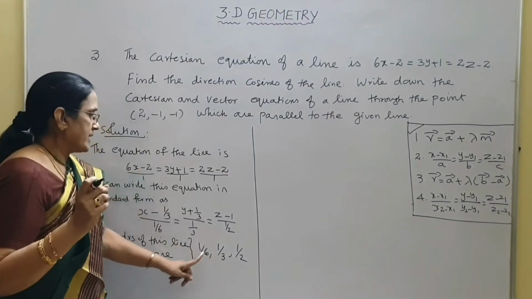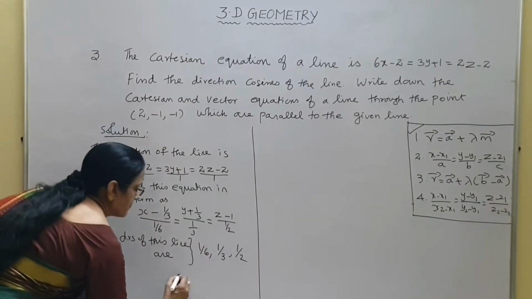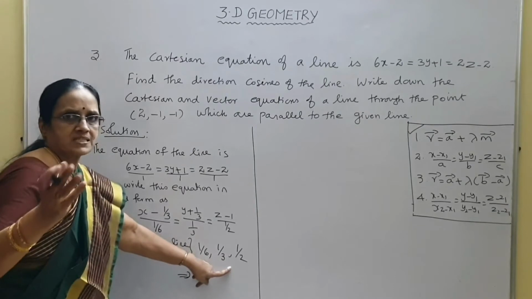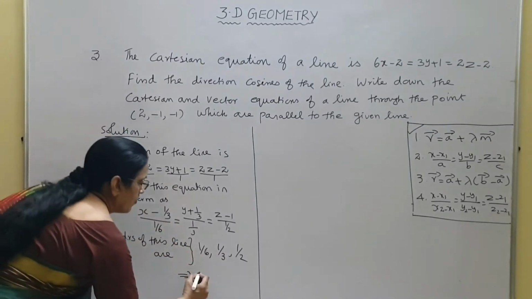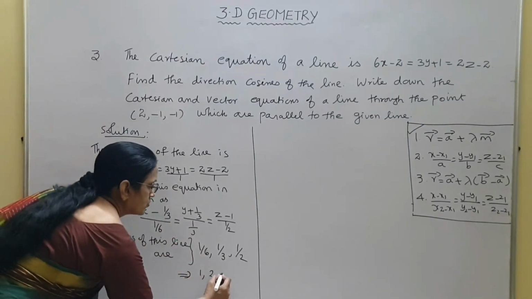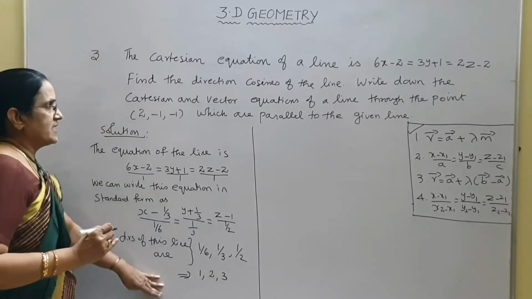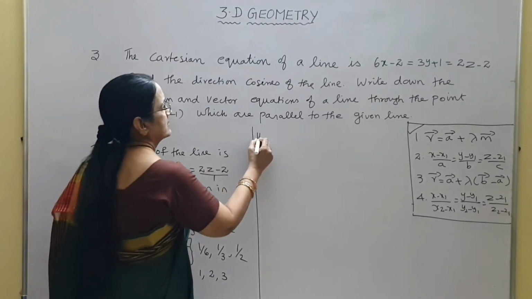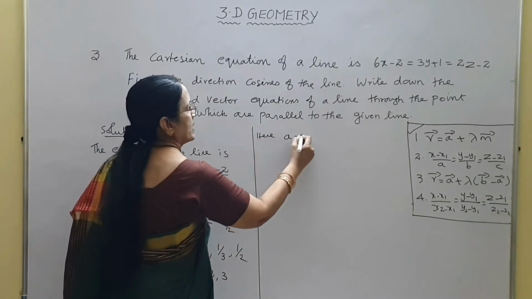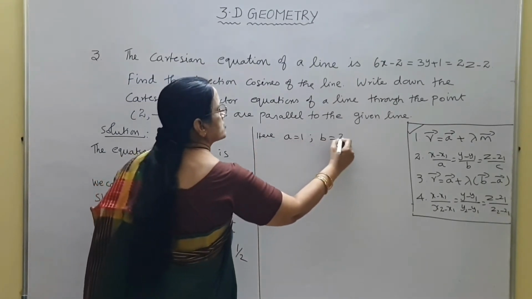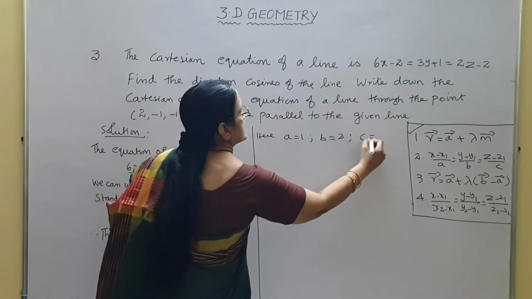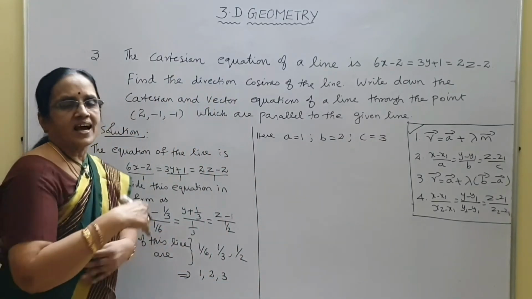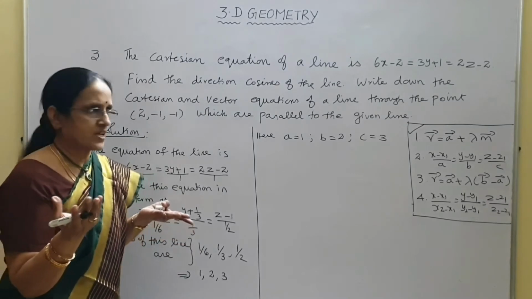So I can multiply each of them by 6 and I will be getting 1, 2, 3. So these are the DRs of this line. Or in other words, here a is 1, b is 2 and c is 3. Now that I know the DRs, I can easily write the direction cosines.